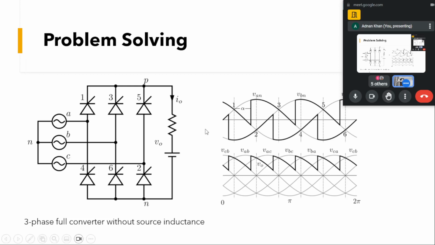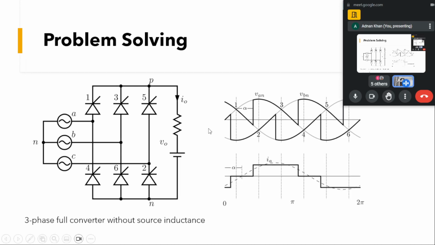Now we will see how the currents look for one phase of this converter without the source inductance.